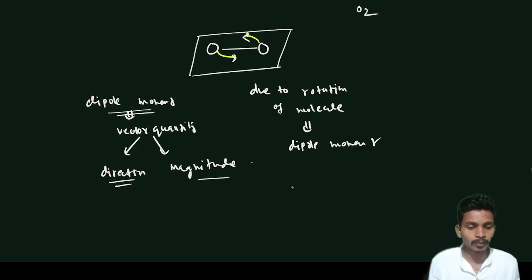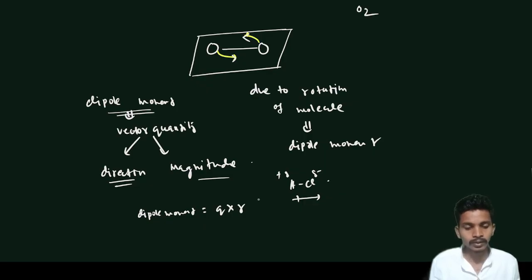If we discuss HCl molecules, with delta plus and delta minus, then the dipole moment is in this direction. The dipole moment formula is q into r, that is, the charge times the distance between the two atoms.